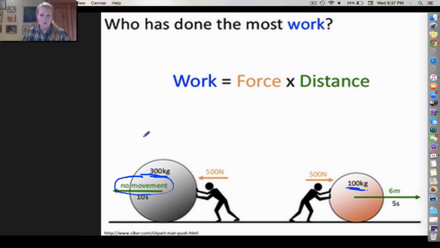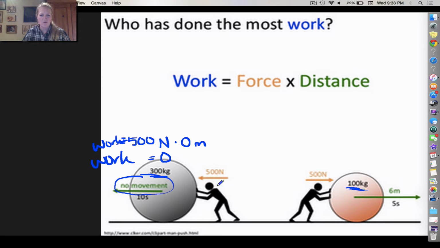And so they are able to move it when they're moving at 6 meters. So what we would do to do the calculation is we would say 500 newtons times 0 meters will give us 0 work. So work would look like 0.